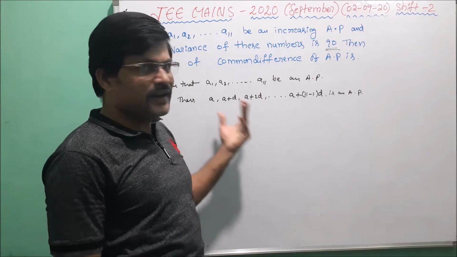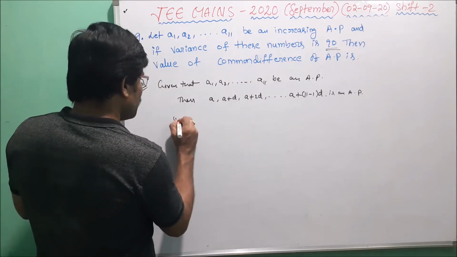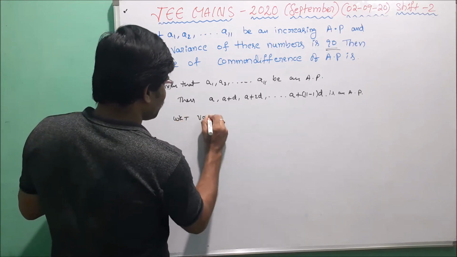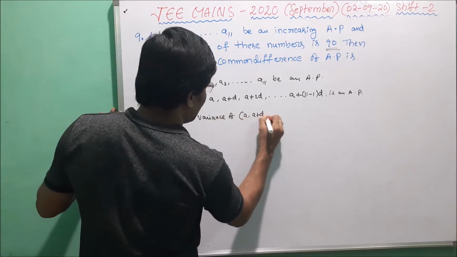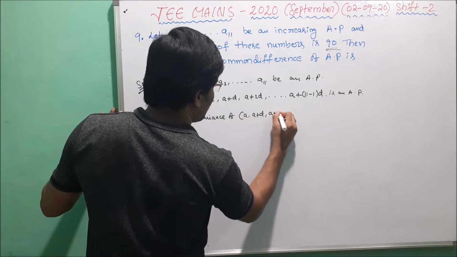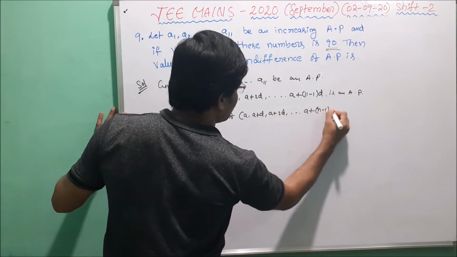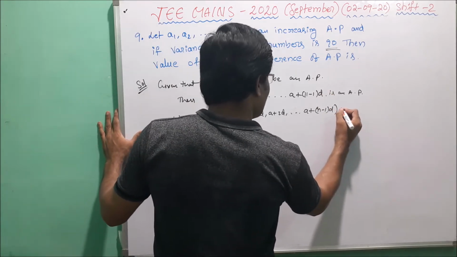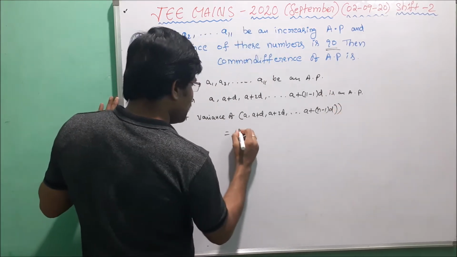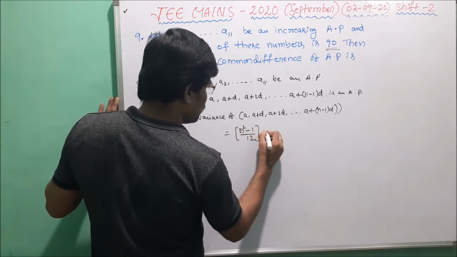Then to calculate the variance, we use one formula: the variance of A, A plus D, A plus 2D, and so on, A plus n minus 1 into D, is n square minus 1 by 12 into D square.